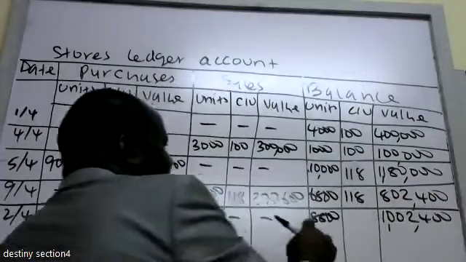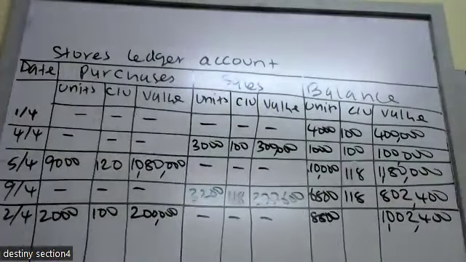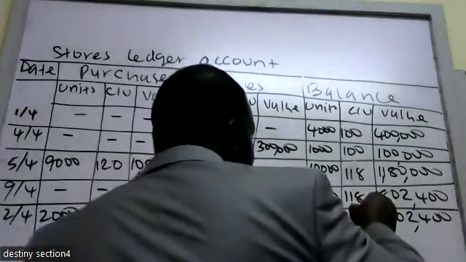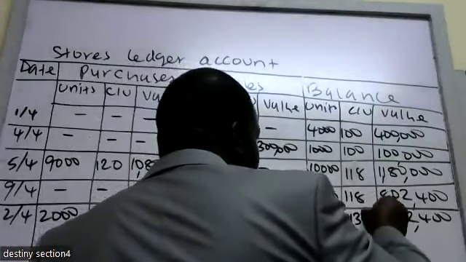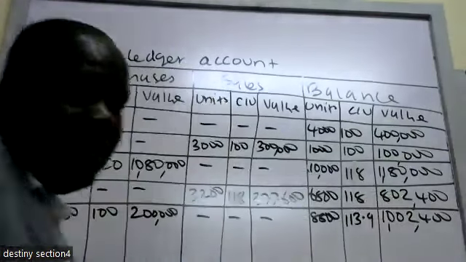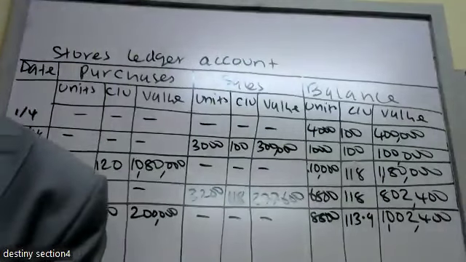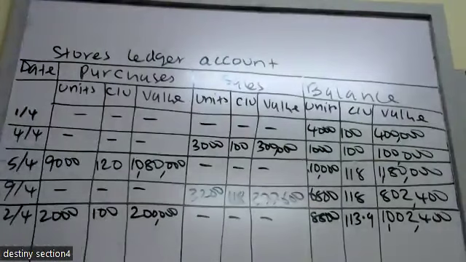Then take this and divide like that and you get the average price, 113.9. Online, I hope we are together up to that point. Those who are online, are we together up to that point?